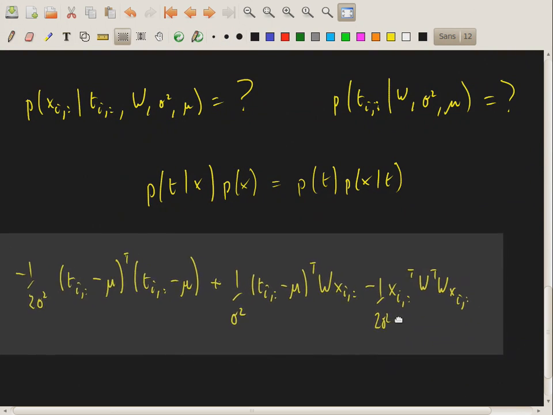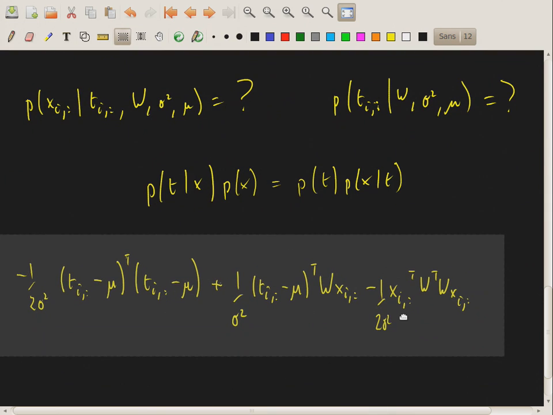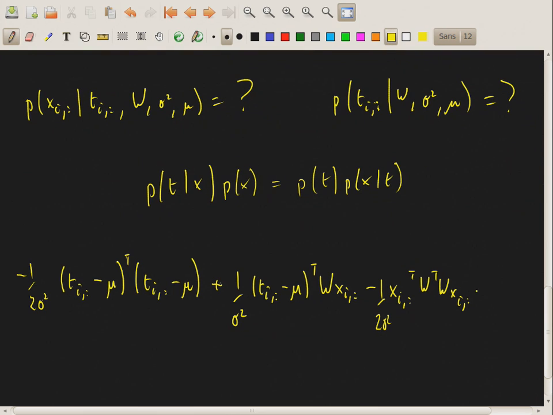What have we missed out so far? Anyone? P of x, yes, the prior. Thank you. So the prior is in vector form, very simple: minus 1 over 2 x_i colon transpose x_i colon.